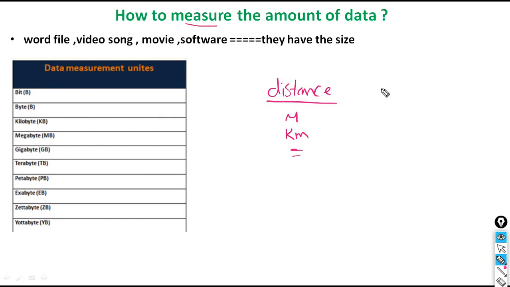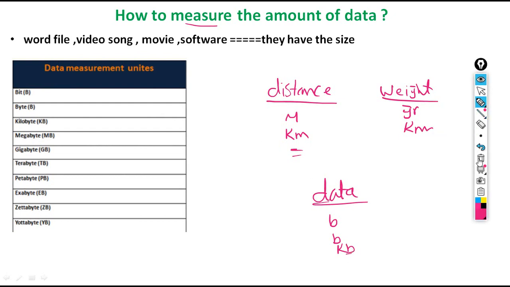Or if you want to measure the weight, we have the gram, kilogram, pound. But if we want to measure the amount of data in computers, we also have measurement units like bit, byte, kilobyte, megabyte, gigabyte. So these are called what?